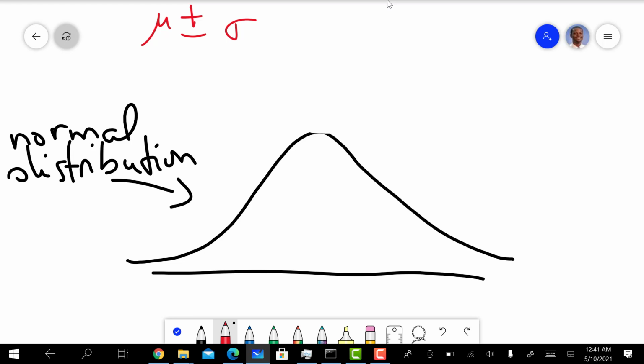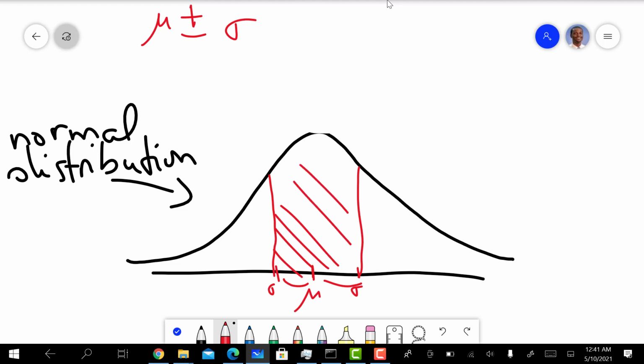That means that your mean, which is in the middle, can be separated by one times the standard deviation, and this is equivalent to 68% of the population. So you have 68% of the population that is covered by plus or minus one standard deviation of the mean. So let's put 68%.